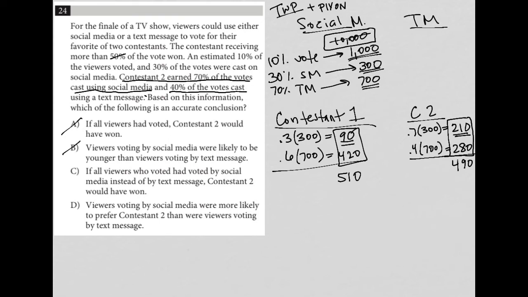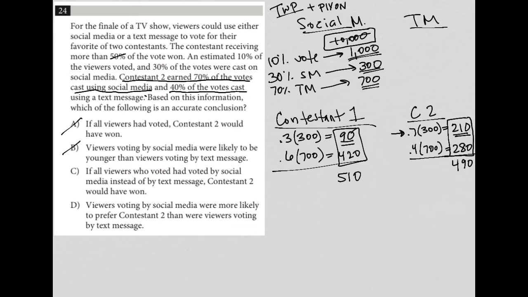Choice C says if all viewers who voted had voted by social media instead of by text message, contestant 2 would have won. Well, that sounds good because contestant 2 did receive 70% of the social media votes.